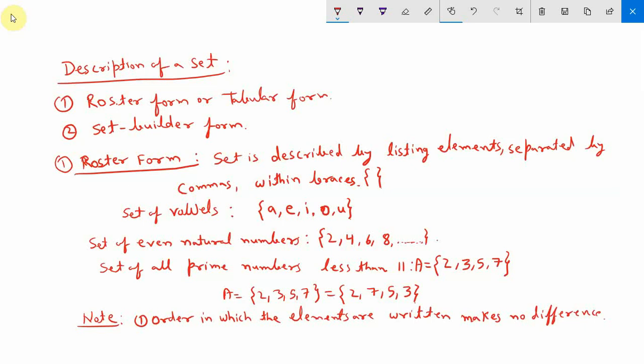So all this A, even if we write say 7, 5, 2, 3, all are same, and even repetition of an element has no effect. So second point you can note down, repetition of an element has no effect.